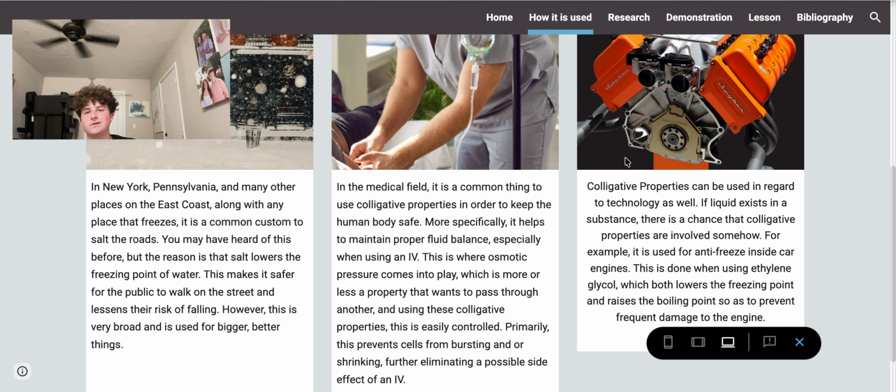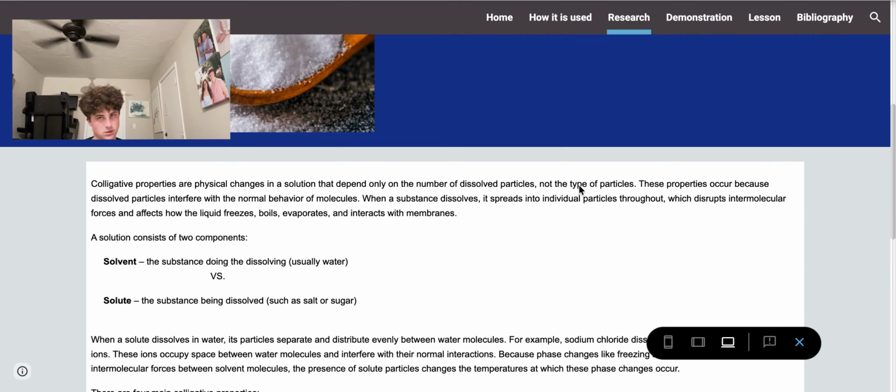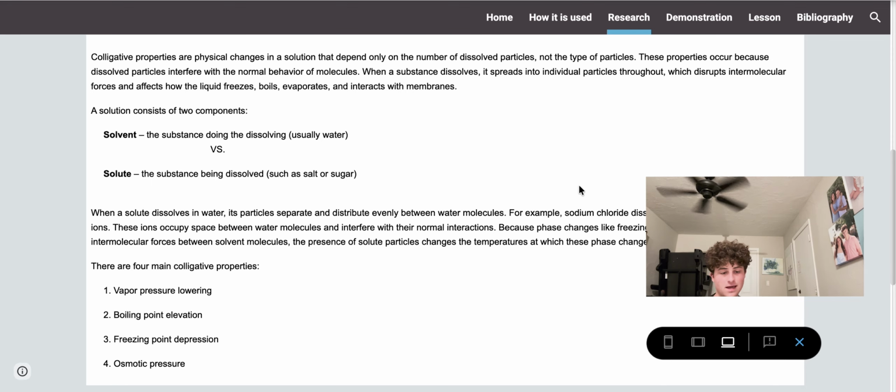Okay, now my research. Colligative properties are physical changes. It is very important to know they are physical, nothing else. And what that means is that the bonds themselves, the hydrogen bonds in the water, are physically being blocked by salt particles.